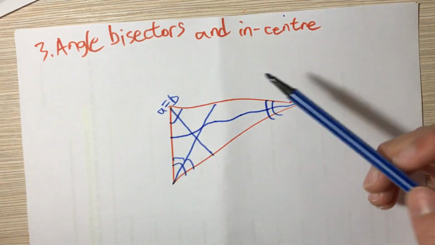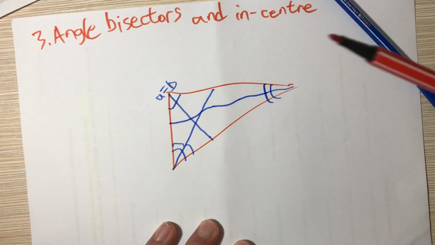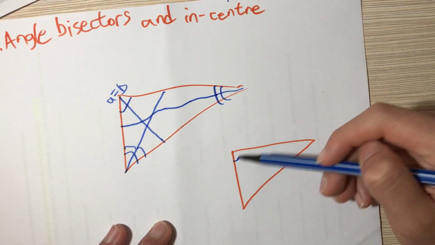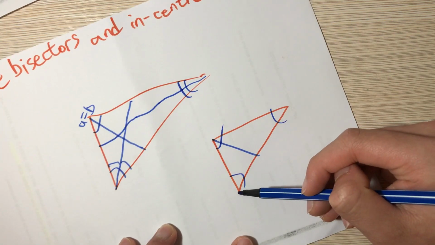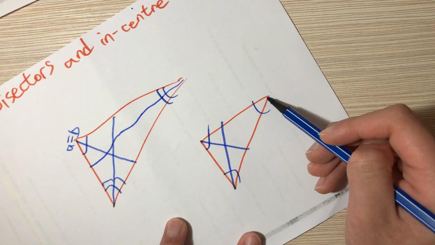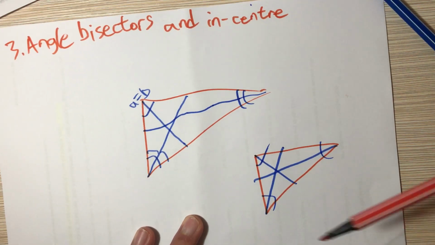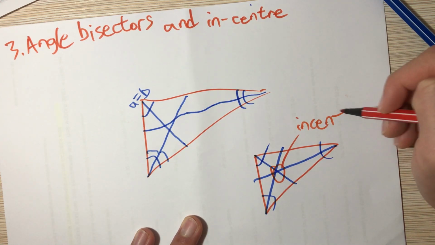And perhaps I draw badly, so they didn't intersect, but they will. Maybe I can draw another one real quick. No matter what it is, we bisect it, and bisect it. Now the intersection is the so-called incenter.